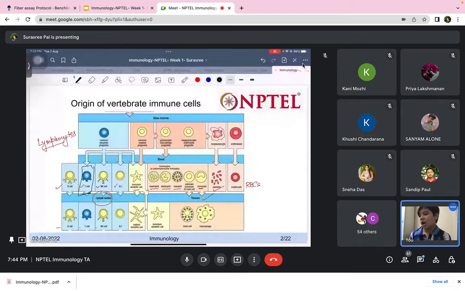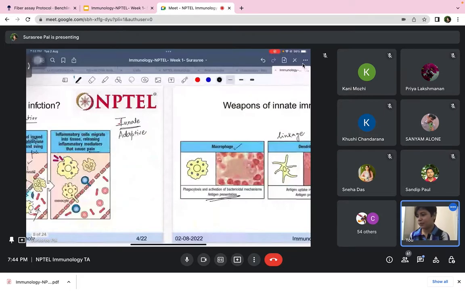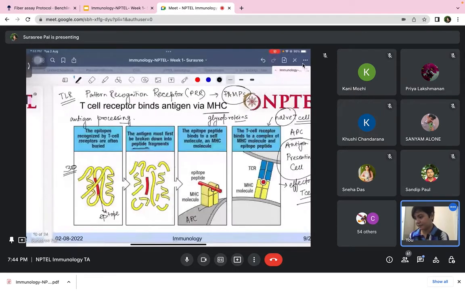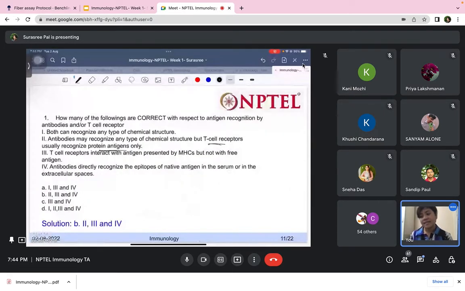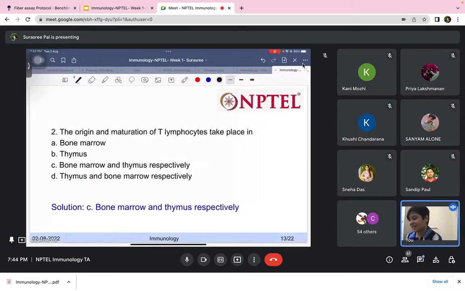So the right answer will be C. The origin of the T lymphocytes takes place in bone marrow, whereas the maturation of the T lymphocytes takes place in thymus.